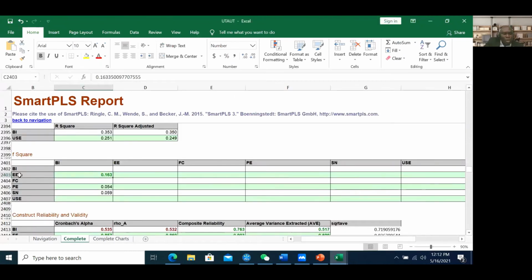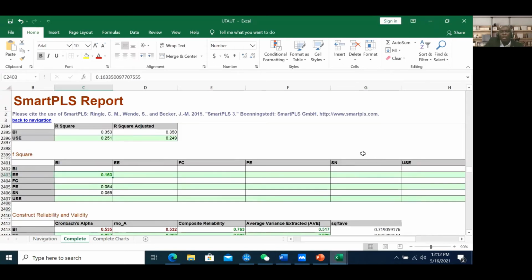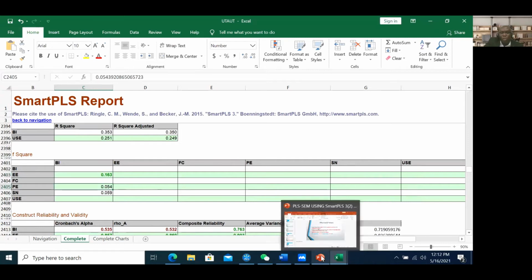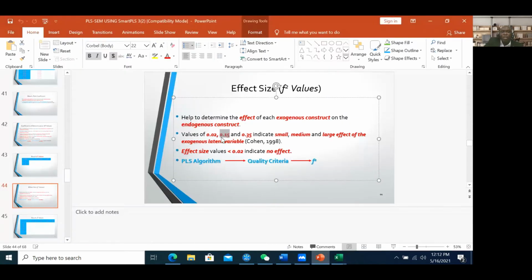So effort expectancy has a medium effect on behavioral intention. Then we come to 0.054. That is a small effect because from here it's less than, I think it's around 0.02, 0.05. So it has a small effect. Good.